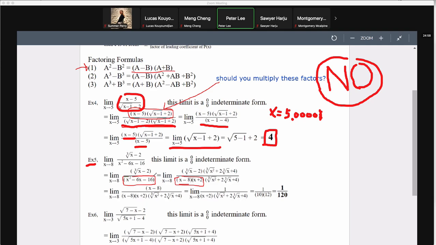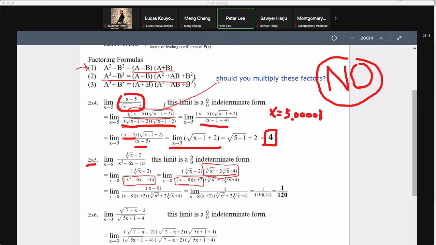And now the question is, what do we do with the numerator? The cube root of x minus 2, we multiply by the conjugate. The question is, how do you get that conjugate? The key is right here: the difference of cubes.